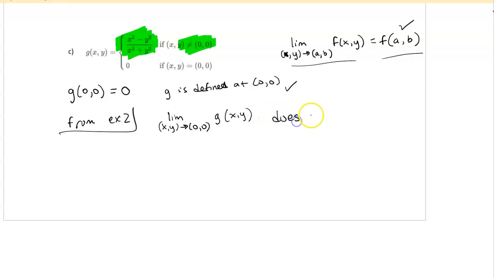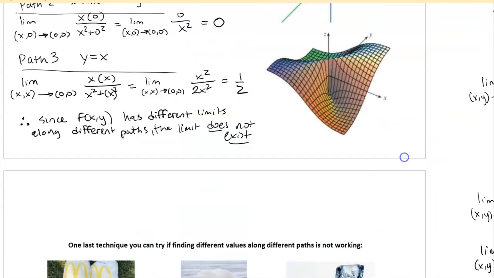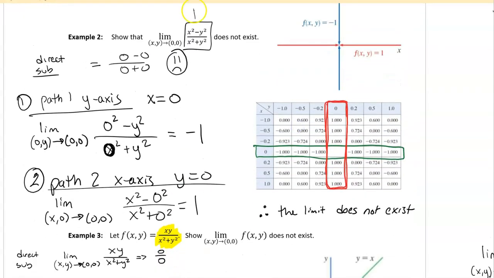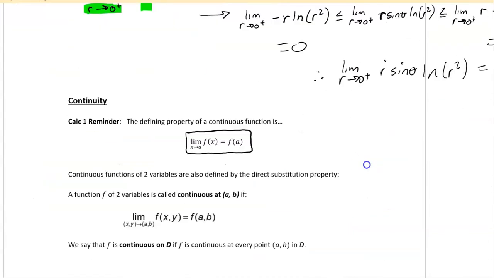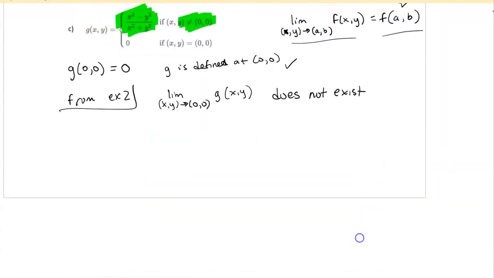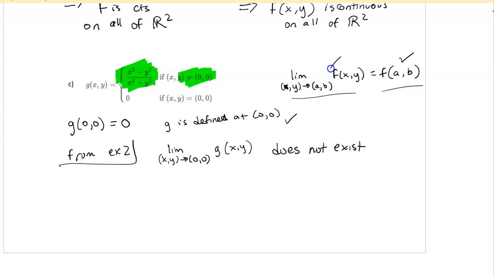We know that that limit does not exist. We have to scroll, sorry about moving really fast, where's example 2? There it is. We found that along different pathways, our limits are different, so we concluded that the limit of that function does not exist. So that, of course, breaks part of our continuity definition. The limit has to exist for something to be continuous.